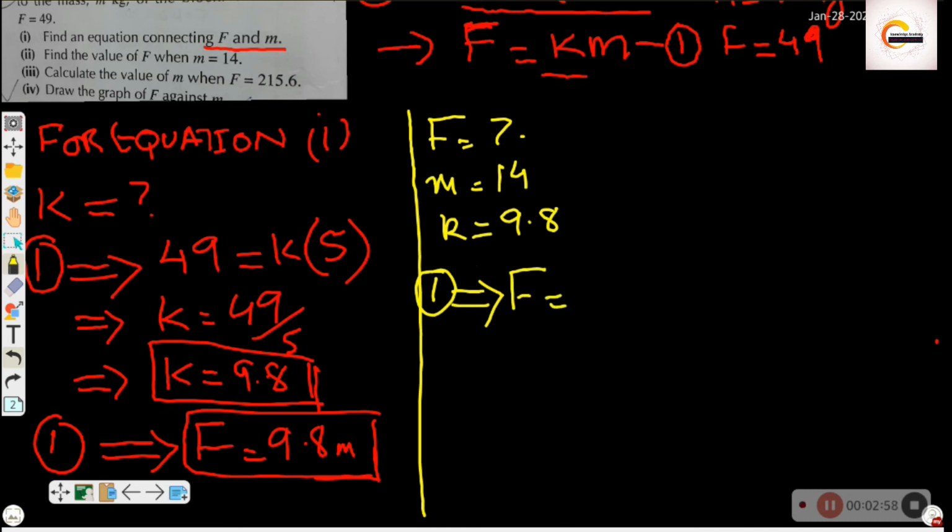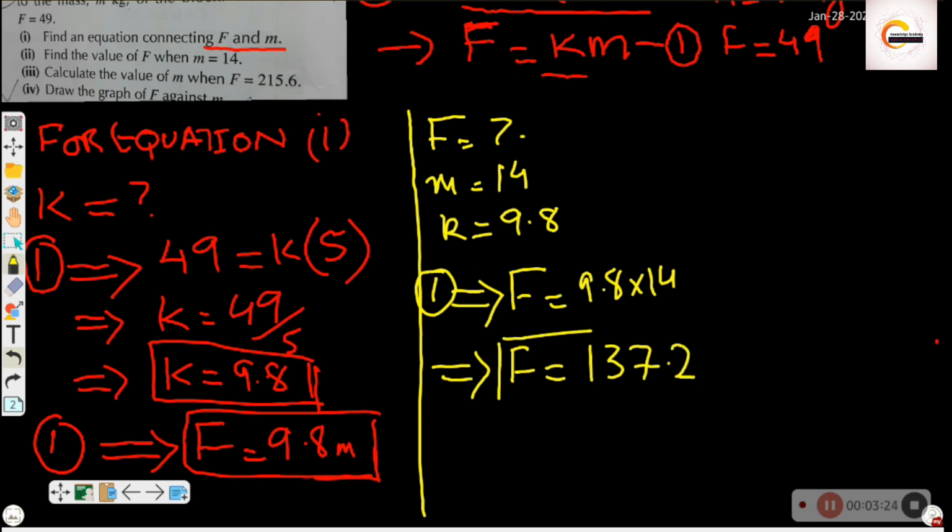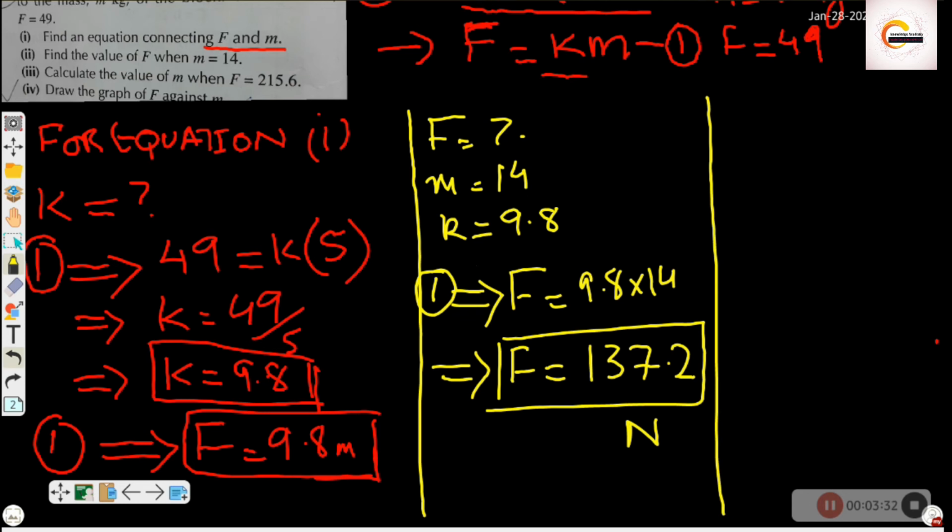F is equal to 9.8 into 14. I'm doing it directly. It's 137.2 newtons.